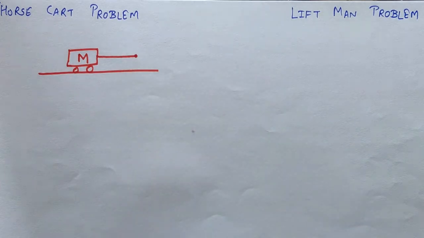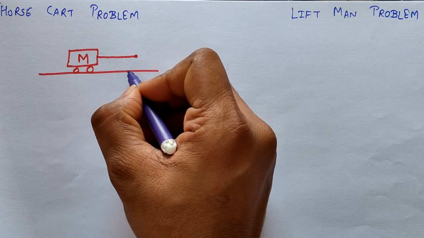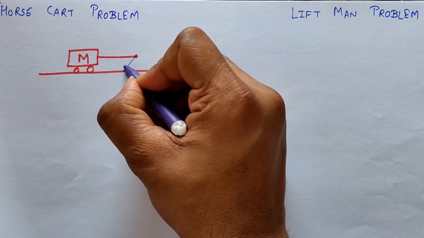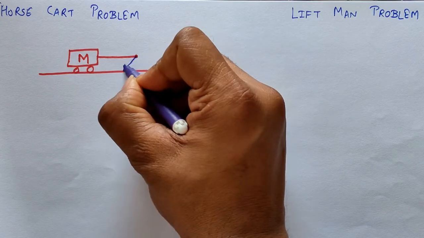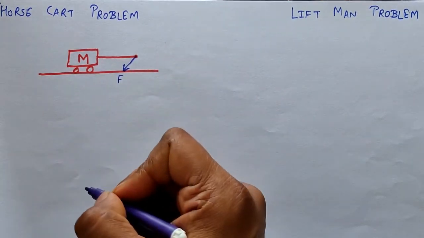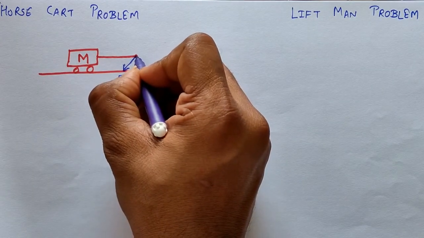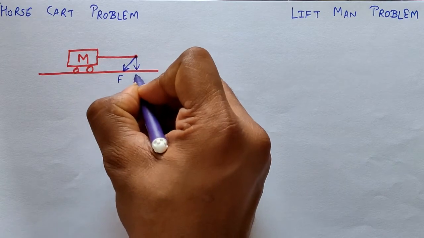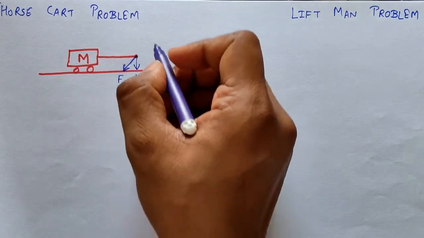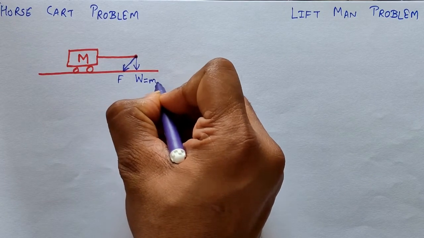Initially the horse will apply force by his legs on the ground in the inclined direction. This will be the direction of force applied by the horse on the ground, that is F, capital F I am taking, and the weight of the horse on this point will be in the downward direction, that will be capital W. And if the mass of the horse is small m, then this capital W will be equal to mg.